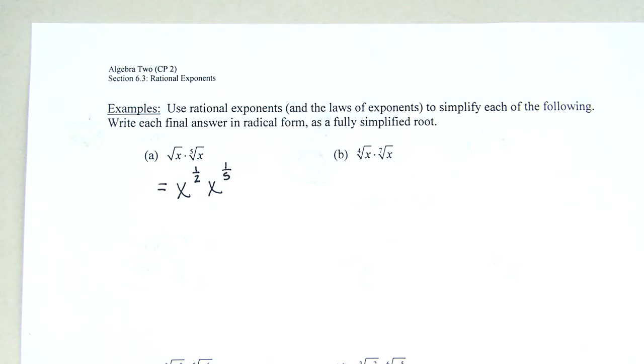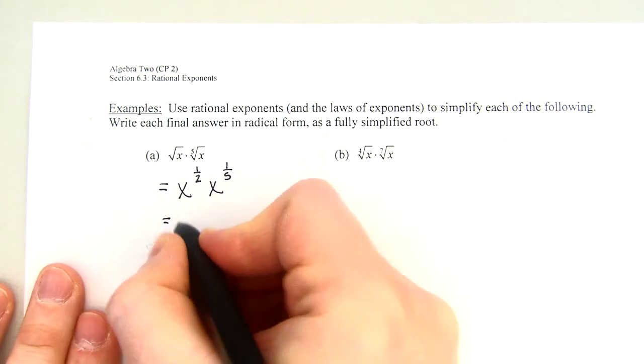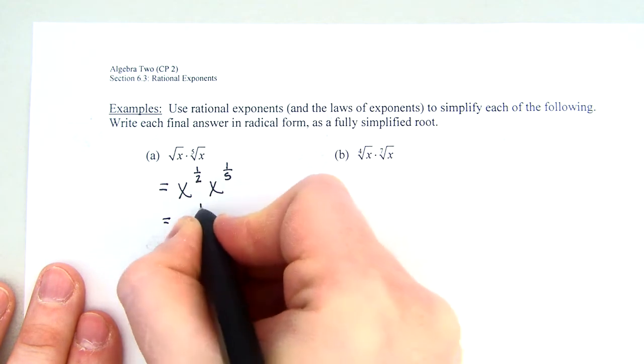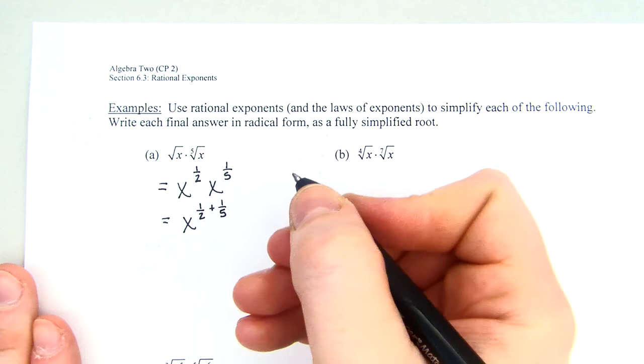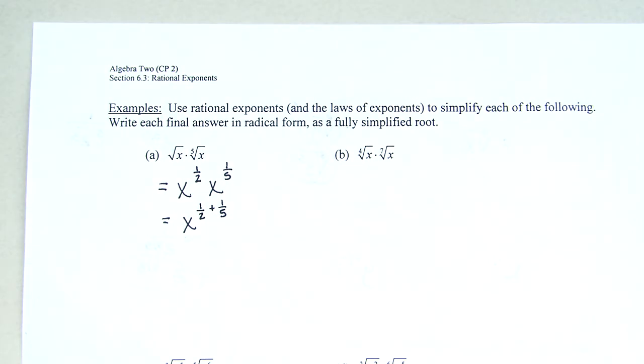I need to multiply those variables together. Think for a moment. When you multiply variables, what do you do to their powers? You add them. My next step is going to be x to the 1/2 plus 1/5. We're going to have to add those powers.